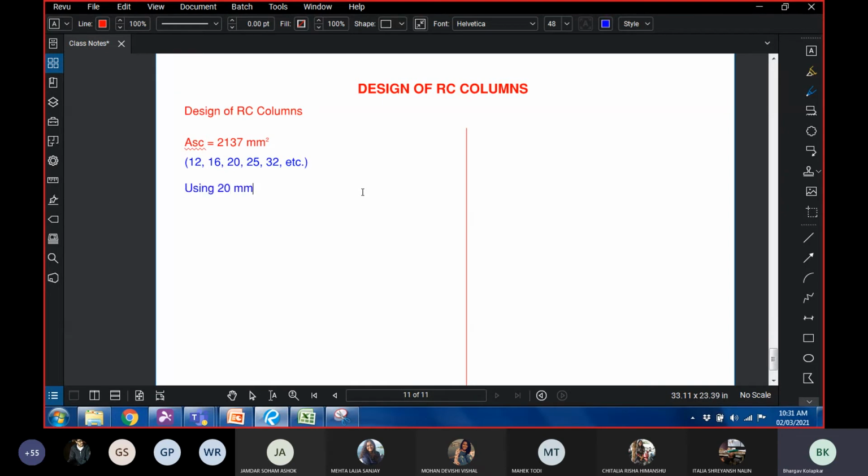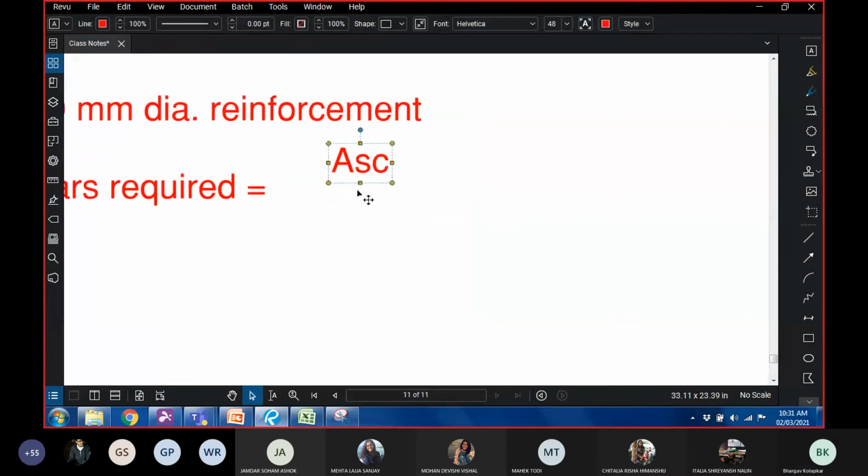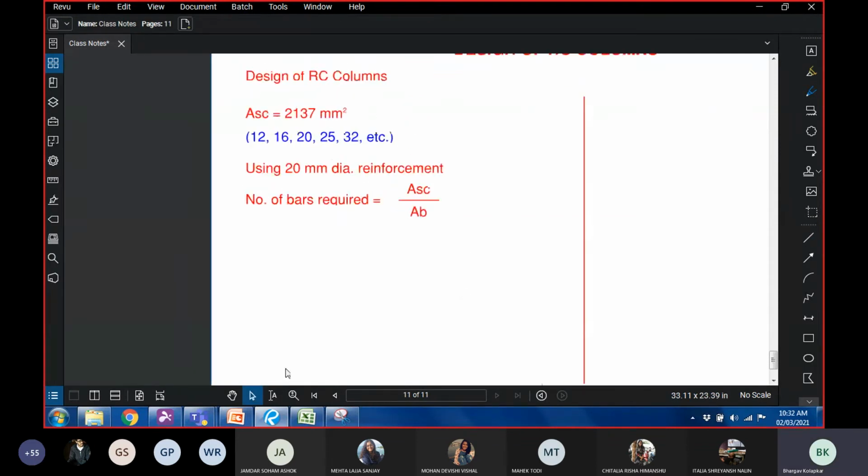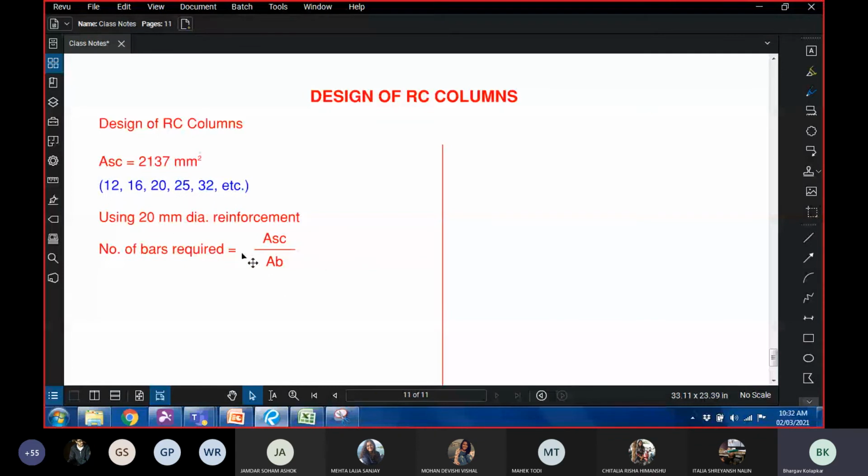Therefore, say using 20 mm dia reinforcement, the number of bars required would be equal to Asc upon Ab, that is the total area that is required upon area of each bar.